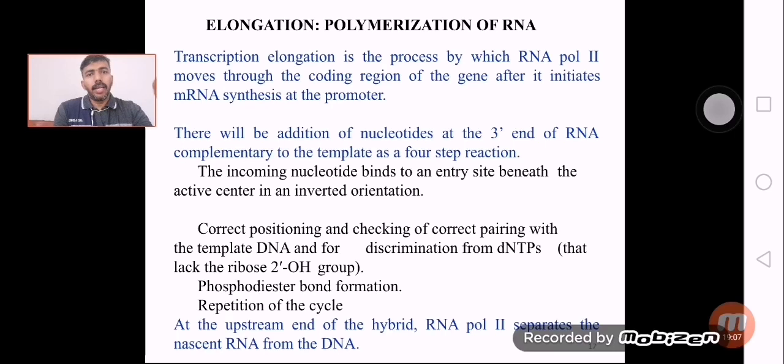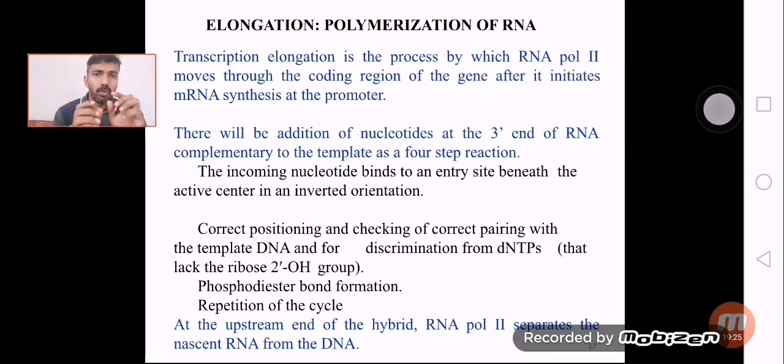First, the nucleotide complementary to the template sequence will come into the entry site as an inverted molecule, and after that the position will be corrected so that it is oriented into the correct orientation.